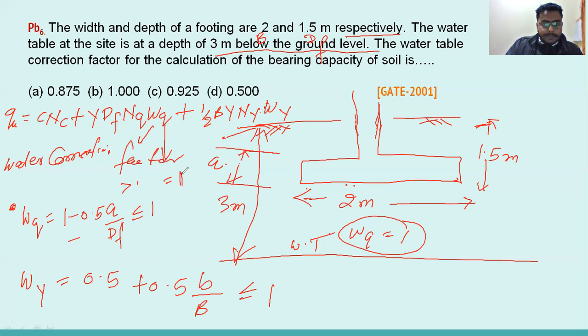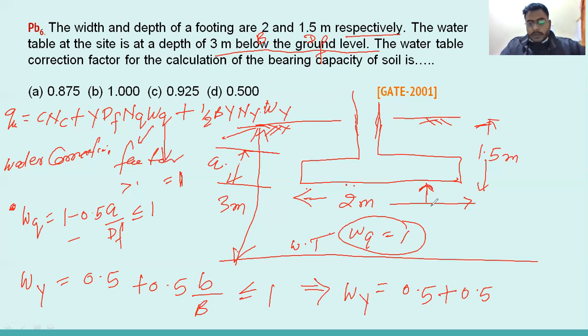And let's see how to calculate the other water correction factor. So let's calculate gamma W. Let's put the value of 0.5 plus 0.5. What is the B? B is the distance of the water table to the base of the footing.